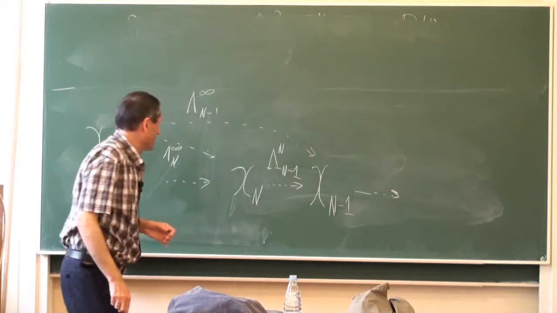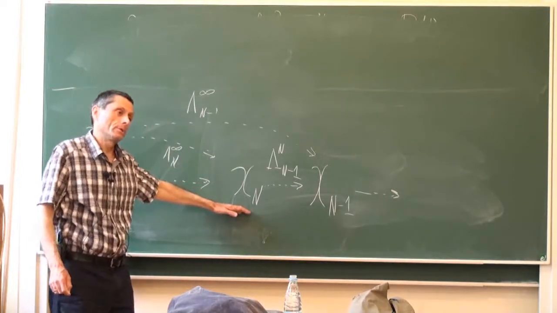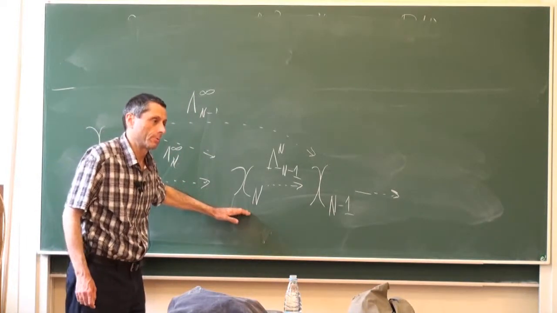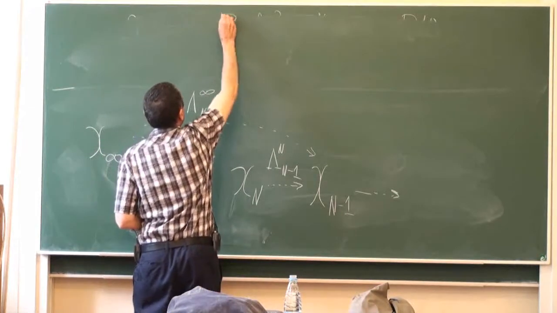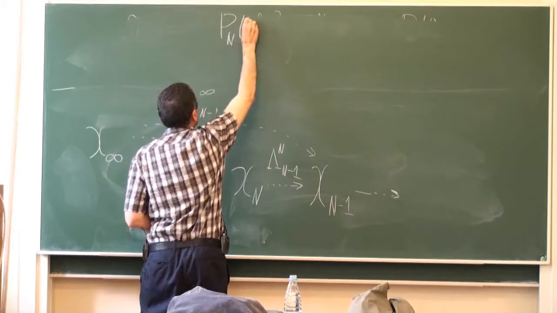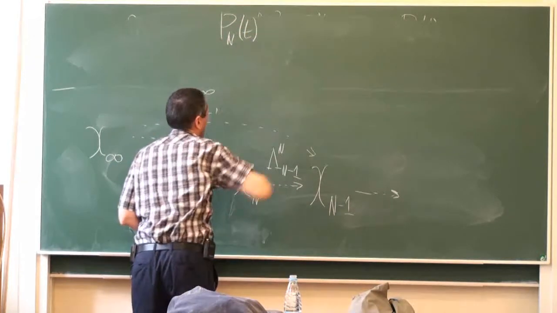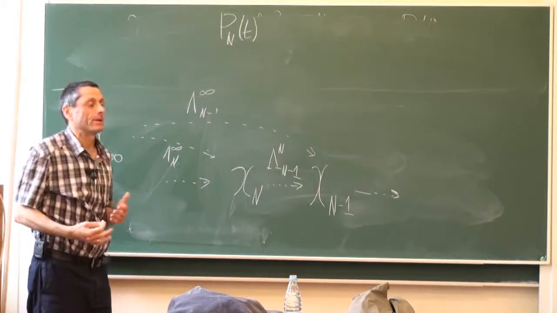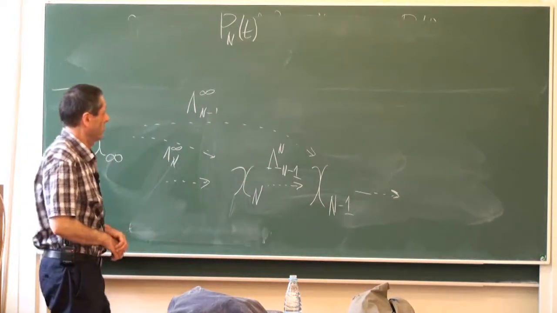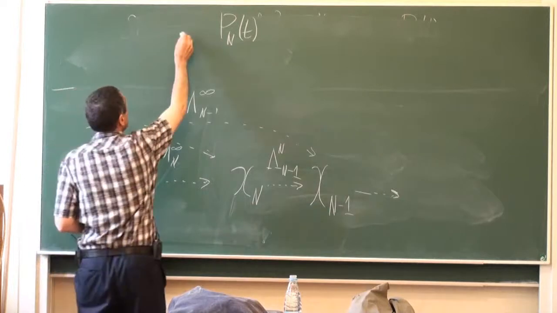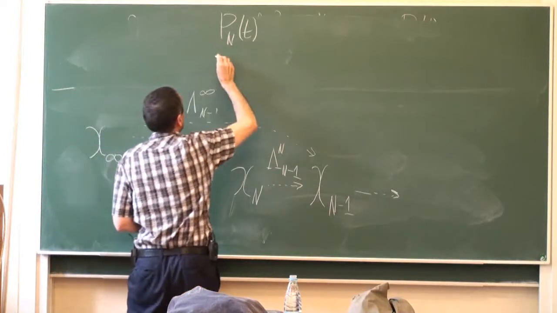And assume that for each space we are given a semigroup, a Markov semigroup. And these semigroups are related to links, are compatible with links. What does this mean? This means that we have such an equation.